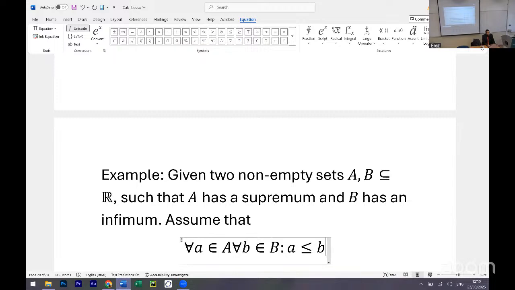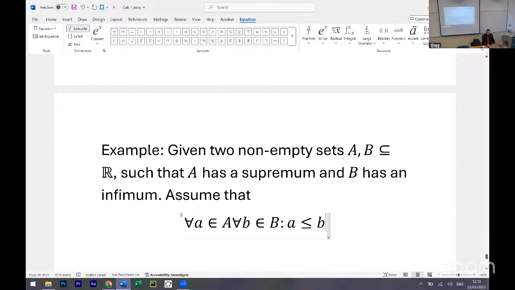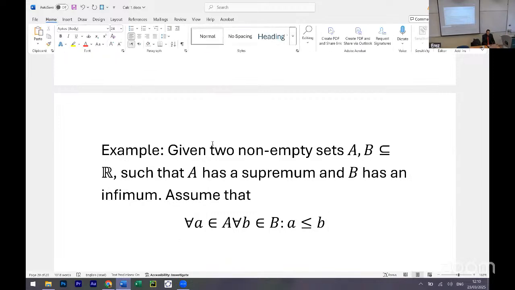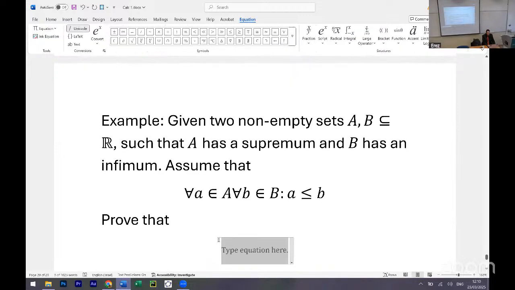In simple terms, all of the elements of the set B are larger than all of the elements of the set A. If I would draw these two sets on the line, on the axis, the set A would be to the left of the set B. Okay, so now prove the following. The supremum of A is not bigger than the infimum of B.